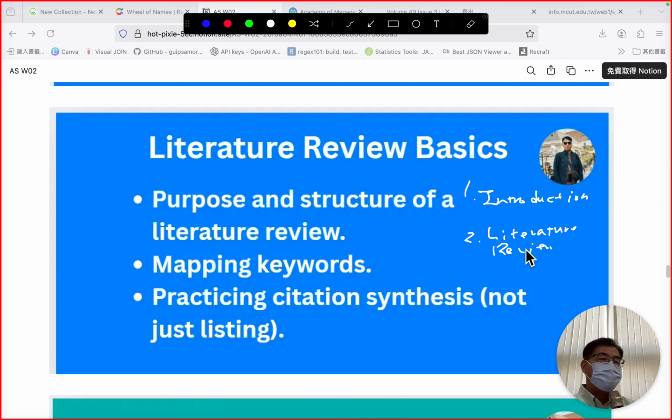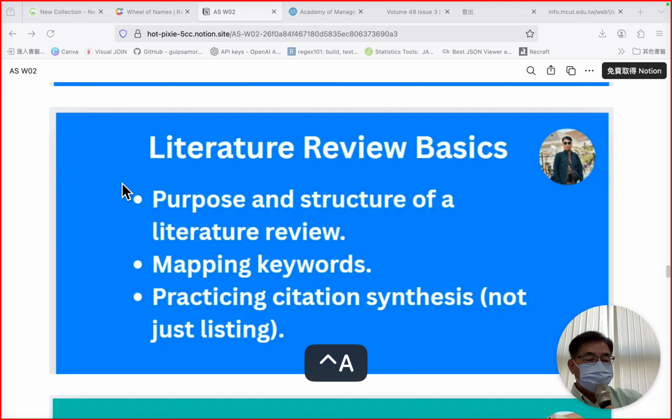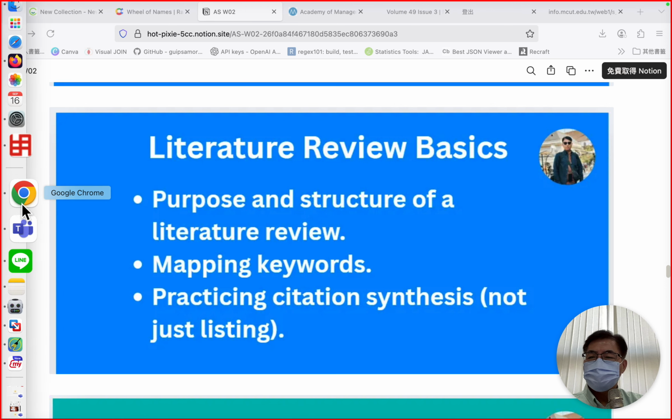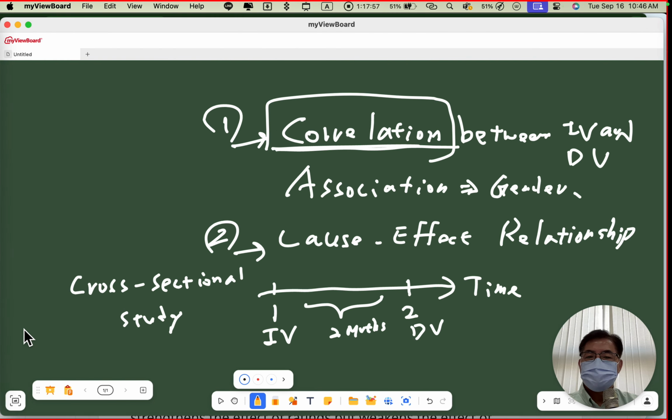Okay. Have you ever done keyword mapping, or something like a mind map? Do you know what a mind map is? Okay, this one.